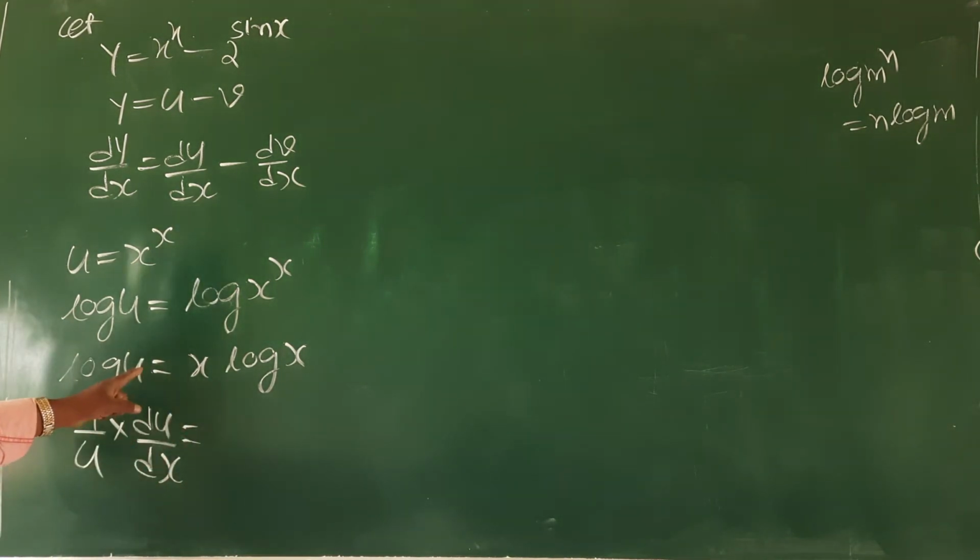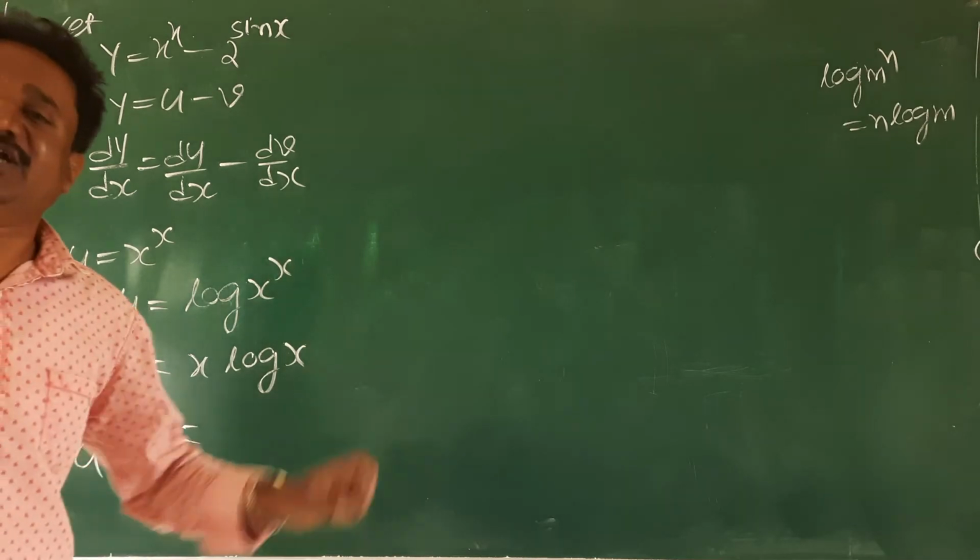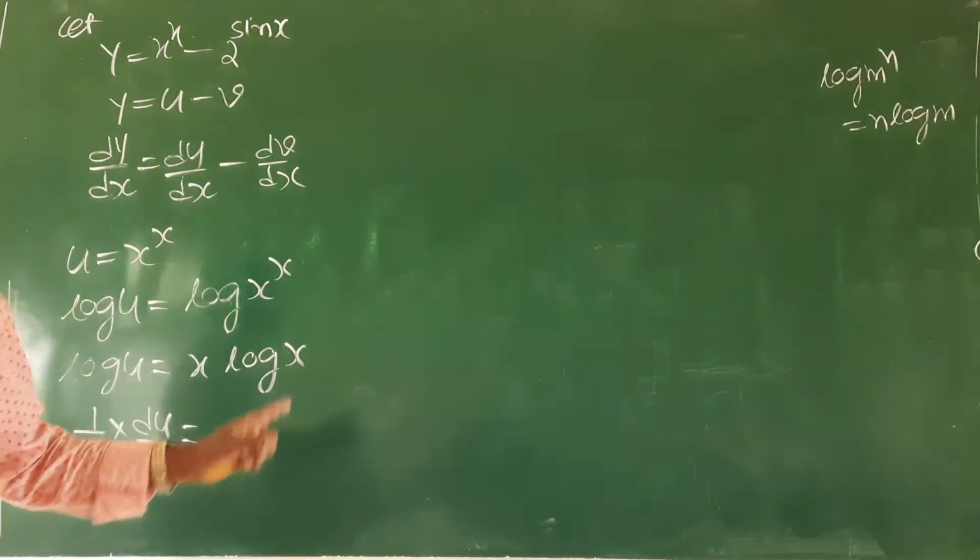If it were y, we would have written dy by dx. In the place of y, here we have u, so I should write du by dx.